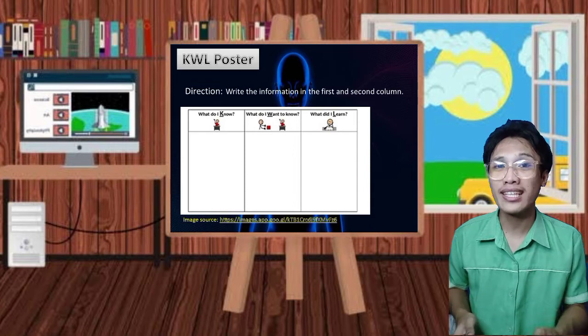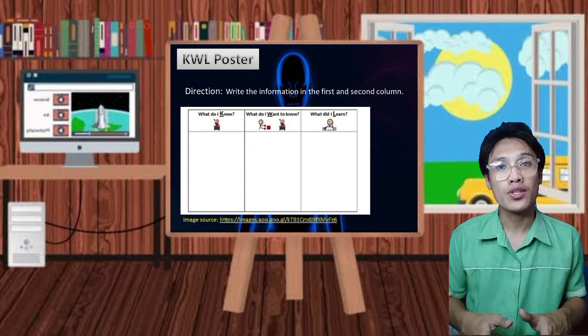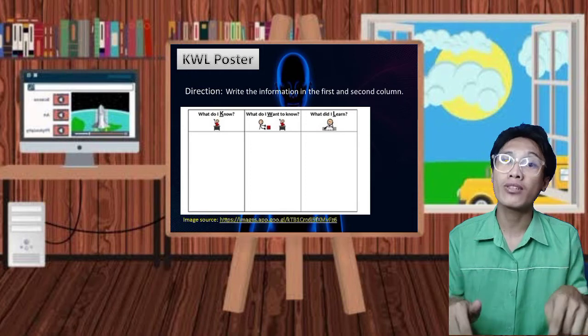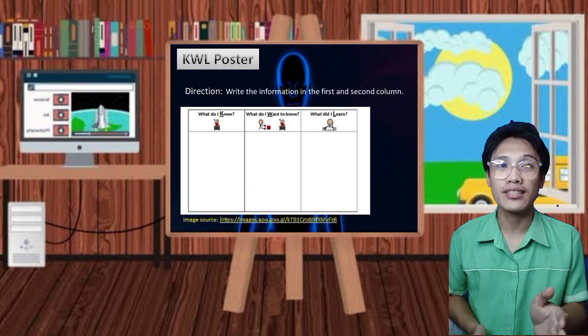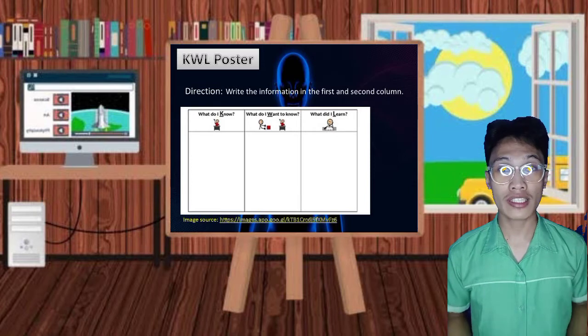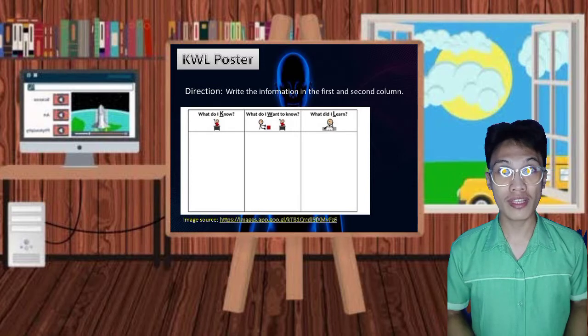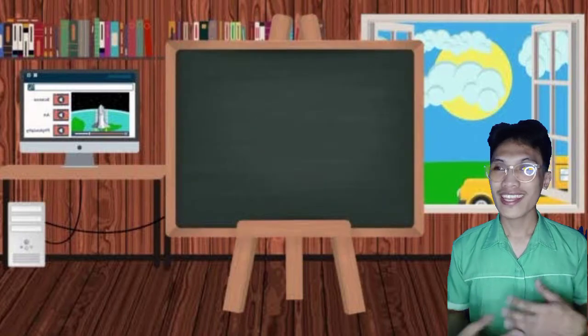You will write it here. In the second column, "What do I want to know?", or what you want to know about this lesson. After you answer the KWL chart in the first and second column, you will present it to the class. Thank you so much.